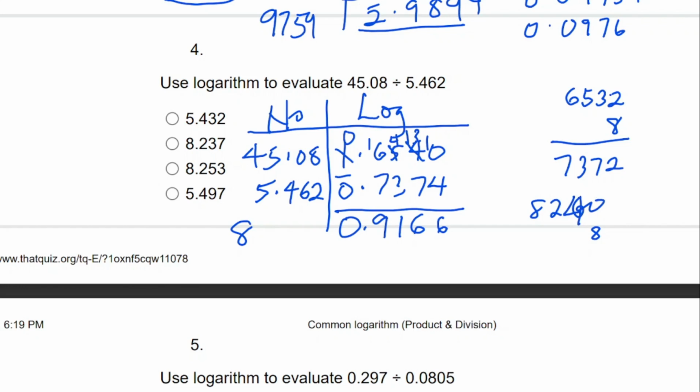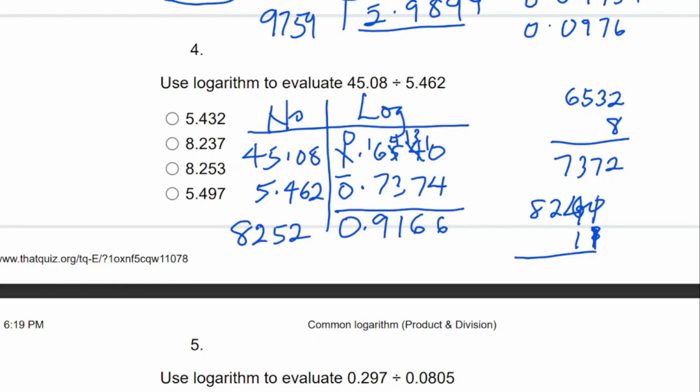Sorry, it's 8241. Difference of 8 is 11. So that is 82, 52. I hope that is clear.